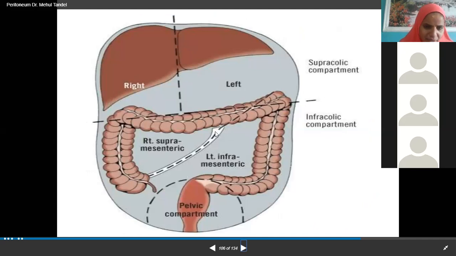What is this line of attachment, Ritika? Meghana? Fan shaped fold of peritoneum. This is the line of attachment. Just now I told you.